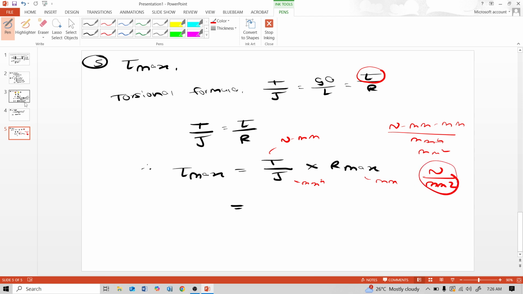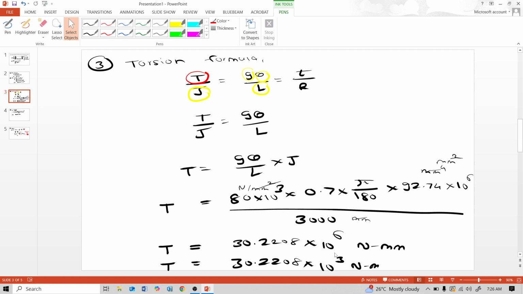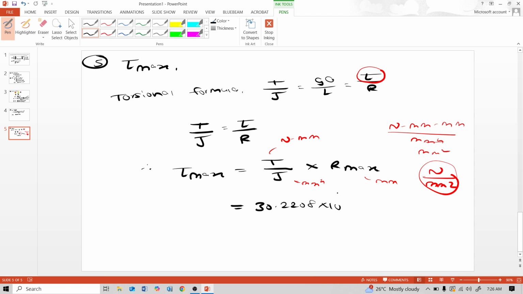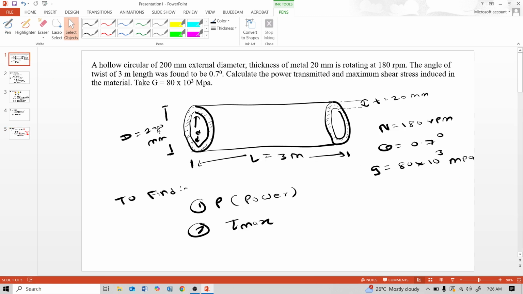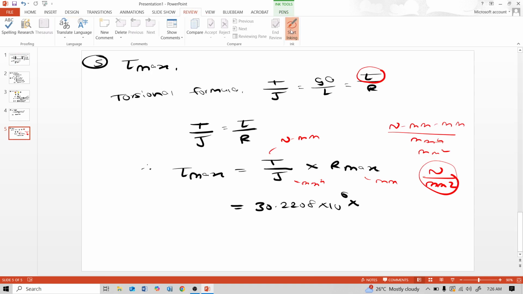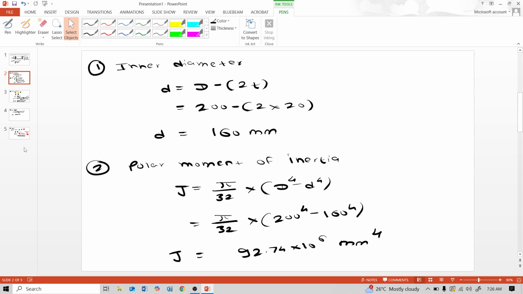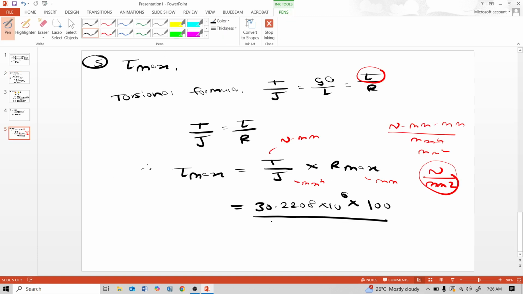The maximum diameter is 200, so maximum R is 100, and the polar moment of inertia is 92.74 into 10 raised to 6. This 10 raised to 6 gets cancelled.